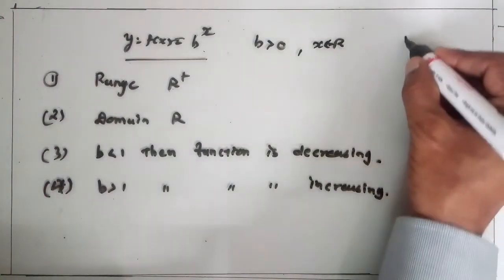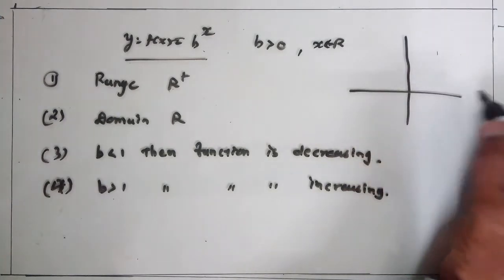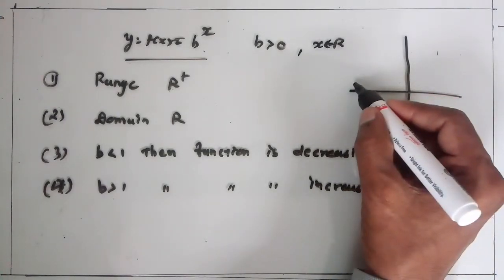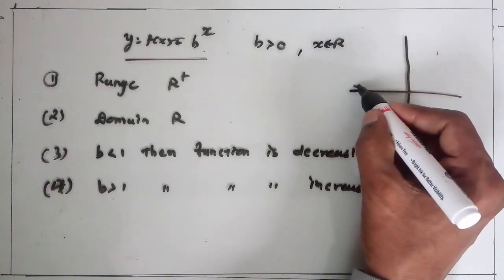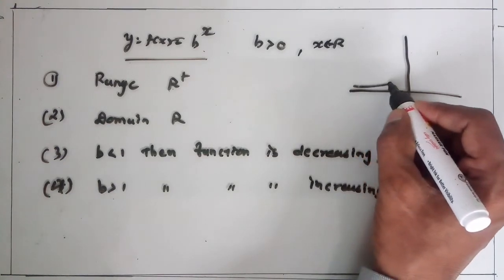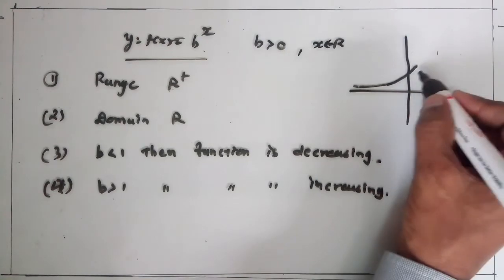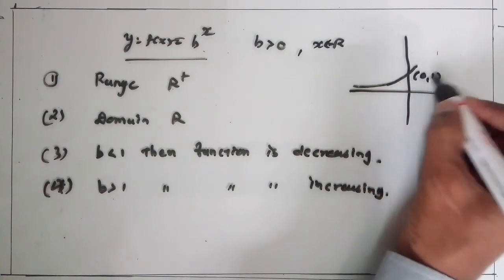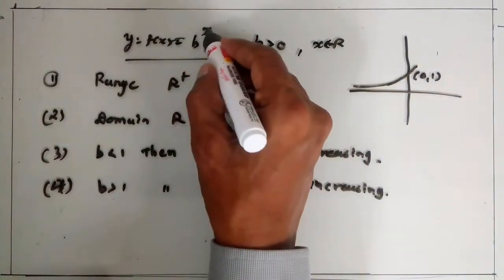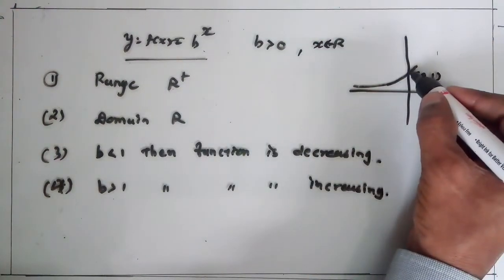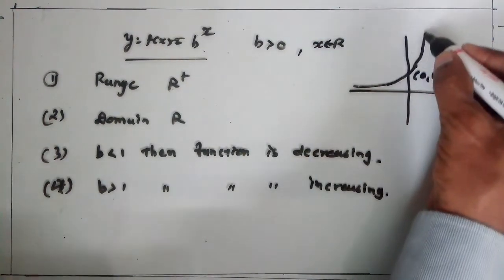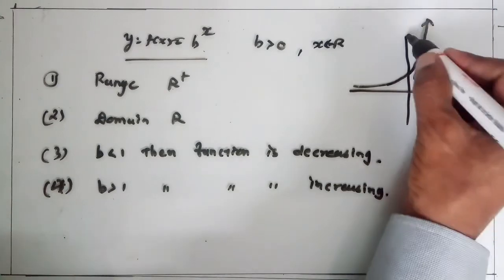Now for the graph of y = b^x, for different values of x we get different values of y, and for x = 0, y becomes b^0, that is 1. So the graph passes through (0, 1).